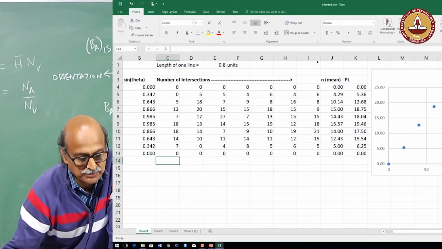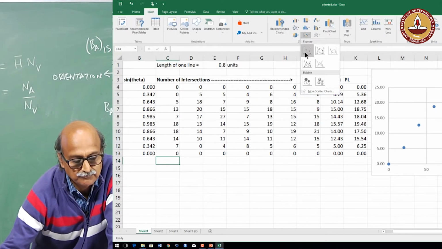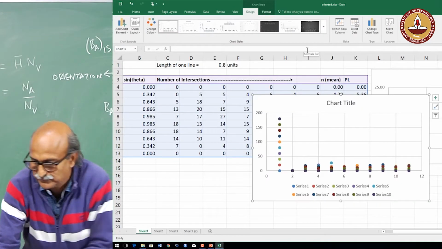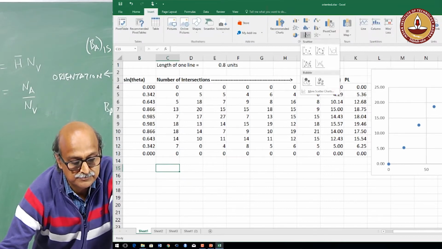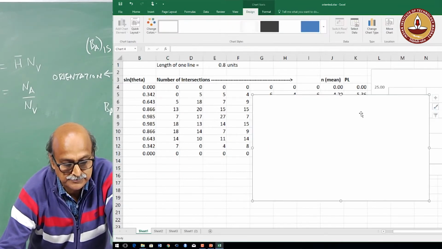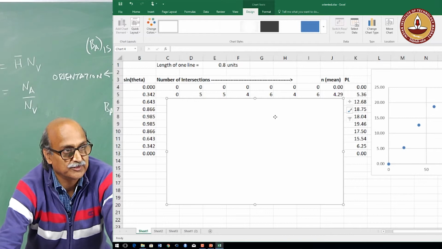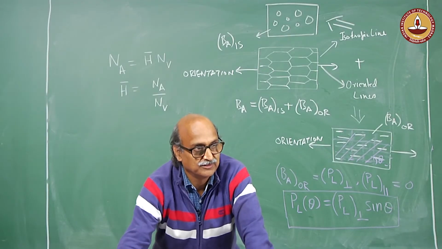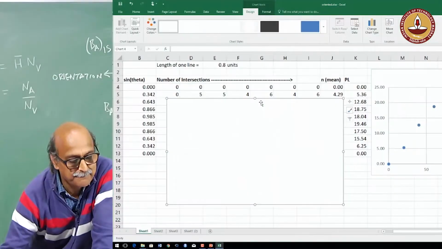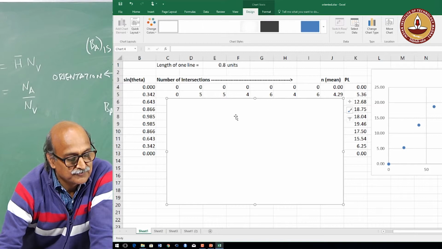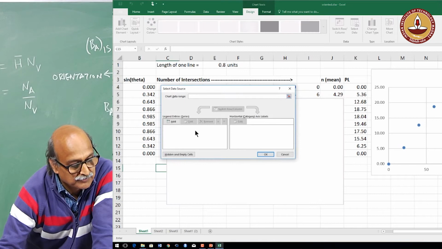What graph do you think I should get? Not sure what graph I will get, looking at this relationship. Well, let us see, we will plot it.